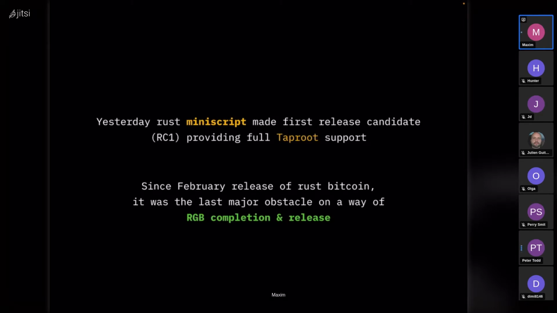It was more about the fact that Taproot prevented a lot of different PRs required for RGB working to go into Rust Bitcoin. And finally, the version of Rust Bitcoin, which we've all been working on for more than a year, was released. And after that, a miniscript on top of it was released yesterday.